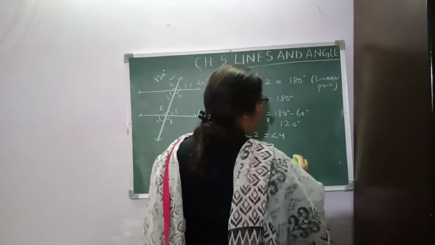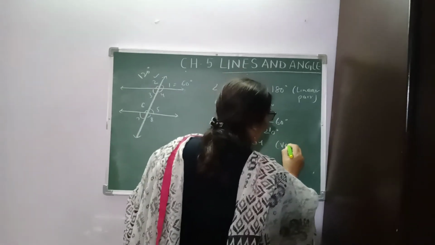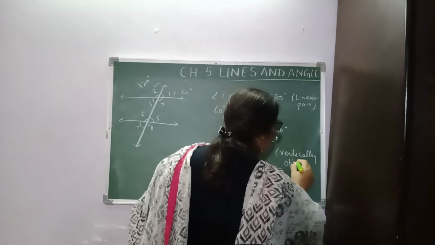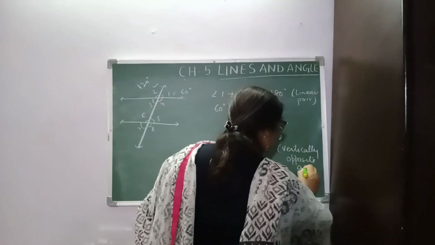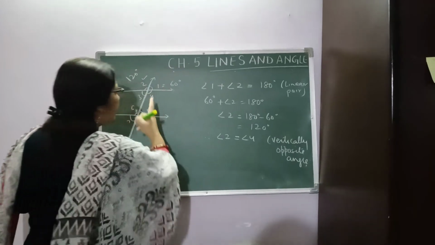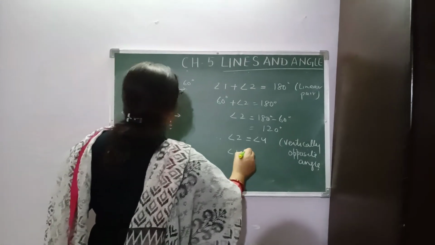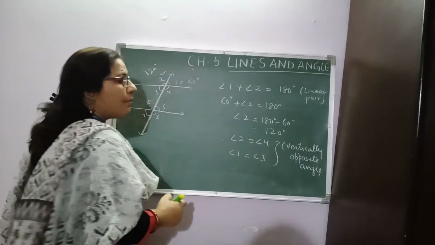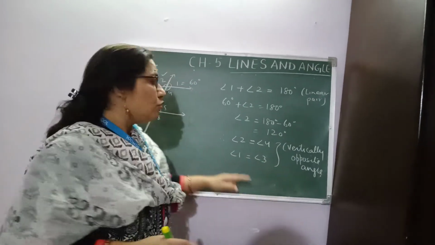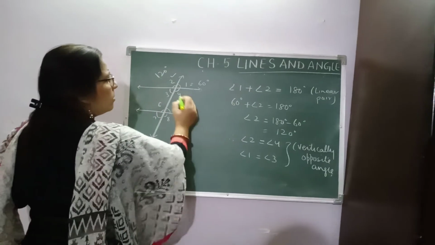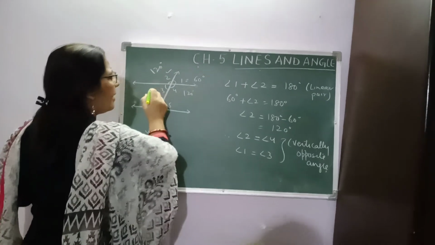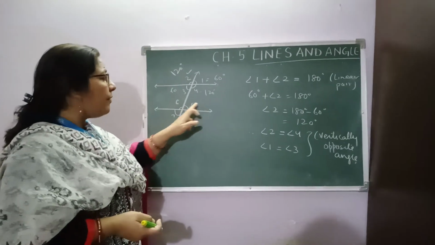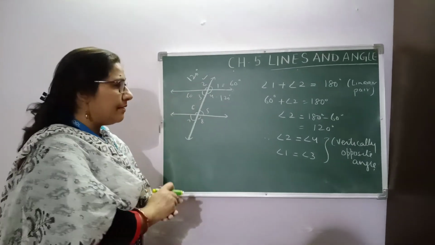Angle 2 and angle 4 are vertically opposite angles, and vertically opposite angles are always equal. Similarly, angle 1 is also equal to angle 3, both proved by vertically opposite angles. So the measurements are 120 degrees and 60 degrees. Now how can we find 5, 6, 7 and 8?